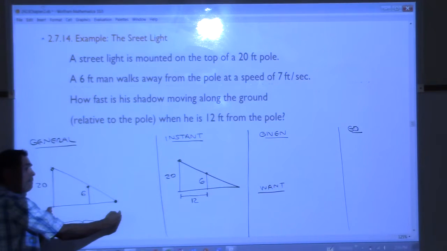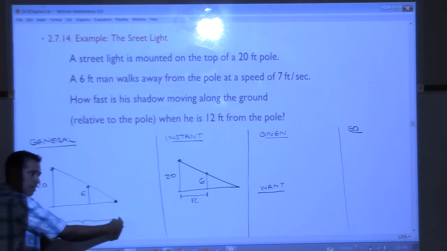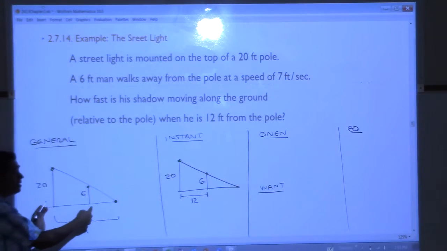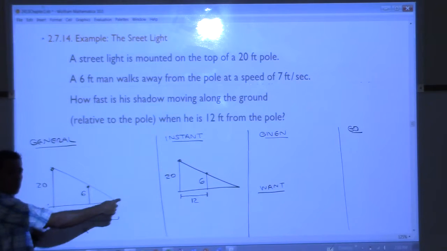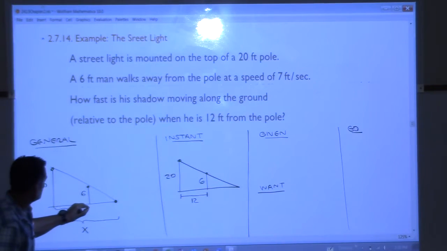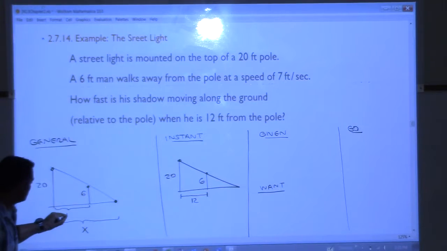No, the man is moving at 7 feet per second, and I have not labeled that variable on this picture. I've labeled from here to here. The speed at which the man moves is not necessarily the same as the speed of the shadow. So I need to label this distance from here to here something other than x. M for man? Yeah, M for man.